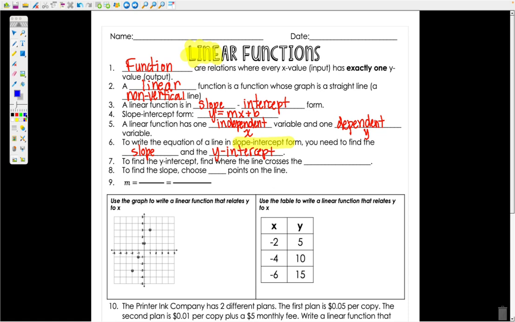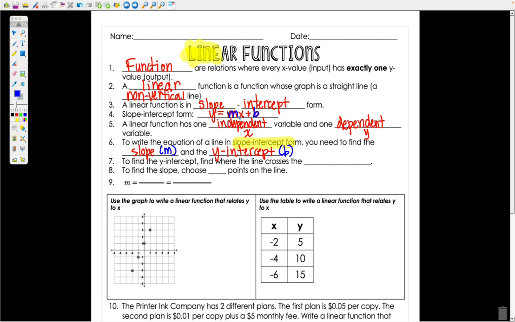The M is the slope. The y-intercept is the letter B. Y equals M x plus B. The B is the y-intercept. The M is the slope.